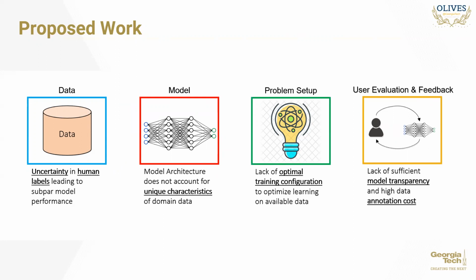I think it's hard to say because for each one of these components, the user is interacting differently. There's no common ground between all of these different things. For example, in the data component, the user would be responsible for modeling the uncertainty in the data and making sure that it gets incorporated appropriately into the problem setup.